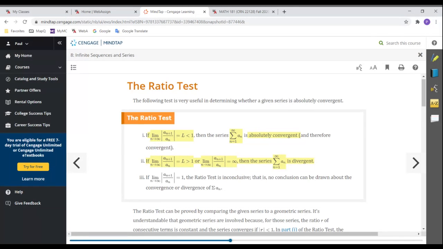Well, then the series will diverge. And that's just like a divergent geometric series, right? If the absolute value of the common ratio is greater than 1, the geometric series diverges.